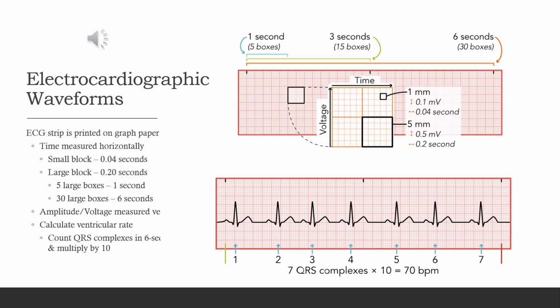Now, when we have 5 large squares together, that equals 1 second. 15 large squares is 3 seconds, and 30 large squares equals 60 seconds, which is a key reference for calculating our heart rate. If you look at the top or the bottom graphic, at the very top of the graph paper there are some little black tick marks.